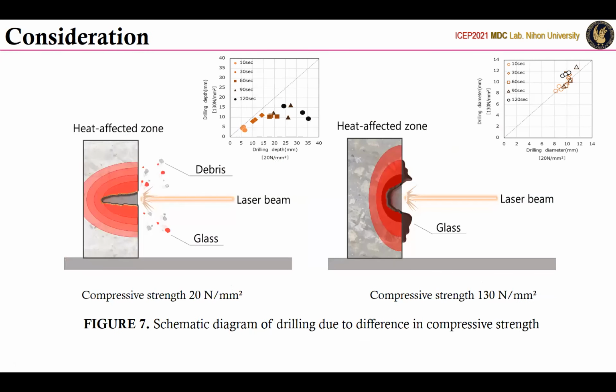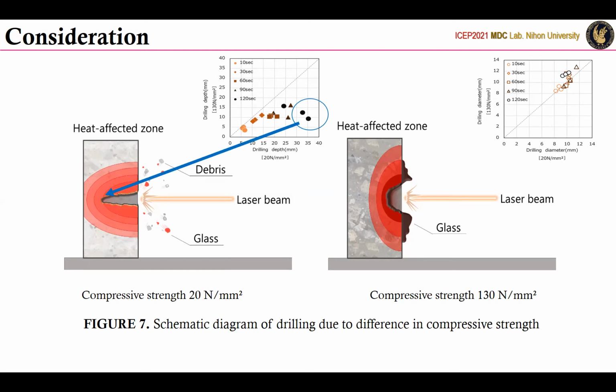From the above results, I made a model showing the heat effect. The left side is 20 Newton, and the right side is 130 Newton. 20 Newton has a low density, and when it is irradiated with a laser, energy is transmitted and it can be drilled, like this.